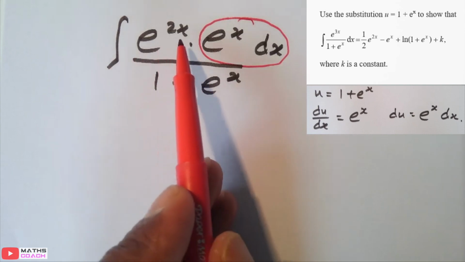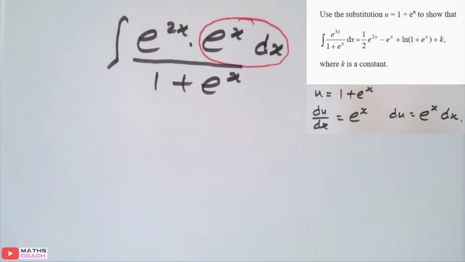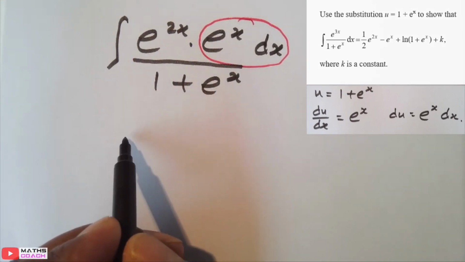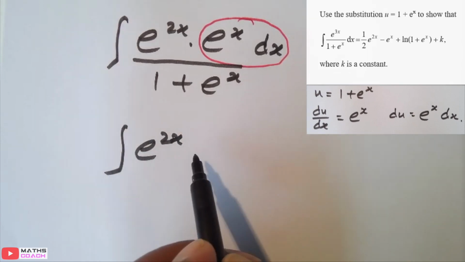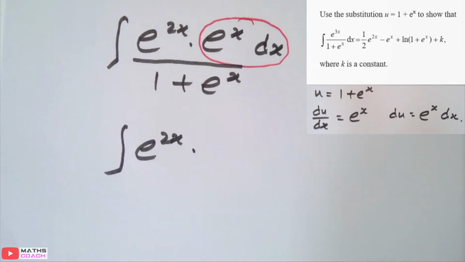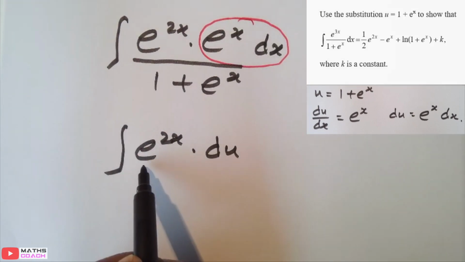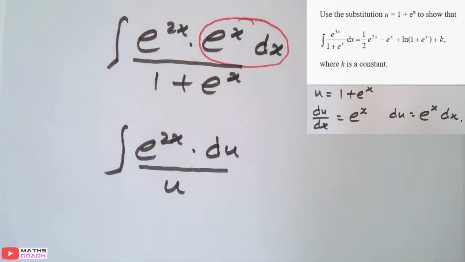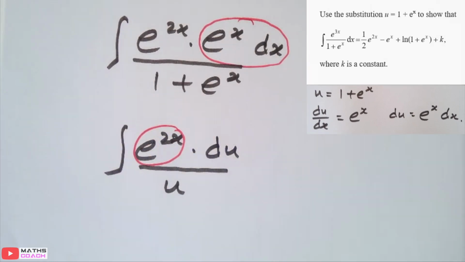So now we need to think about how we manipulate e to the 2x. Let's do one step at a time. We've got the integration of e to the 2x. Let's get the u out of the way here. e to the x dx from earlier was du over u. The issue now is that e to the 2x must be changed in terms of u before we move on.